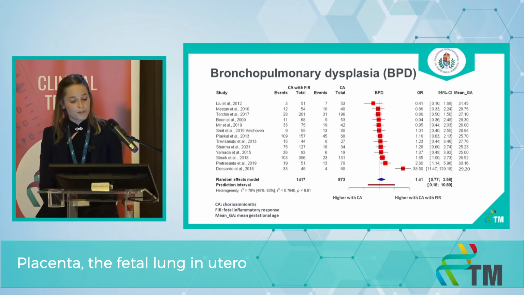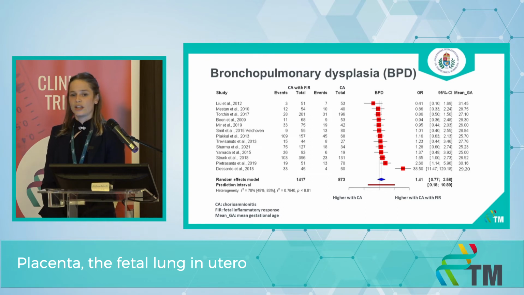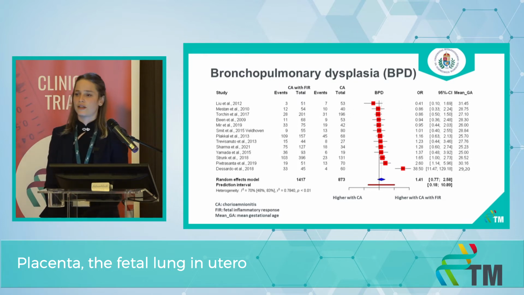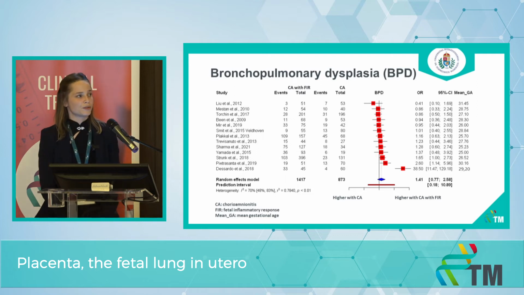Our next outcome is bronchopulmonary dysplasia, which is another respiratory morbidity and is defined as requirement of supplemental oxygen at the 36th week of postmenstrual age. And here we can see a tendency towards the neonates with fetal inflammatory response group.